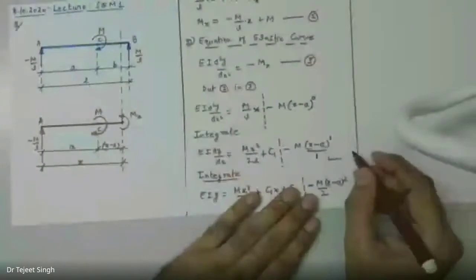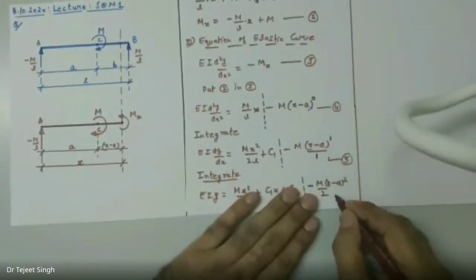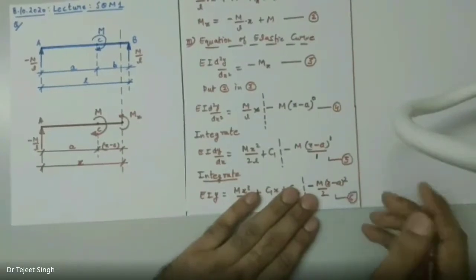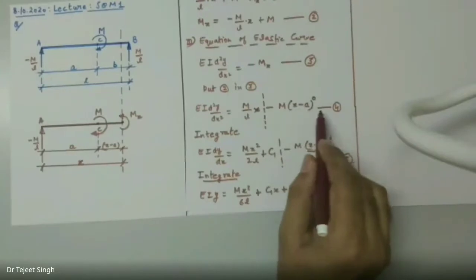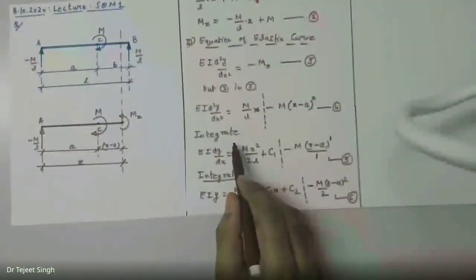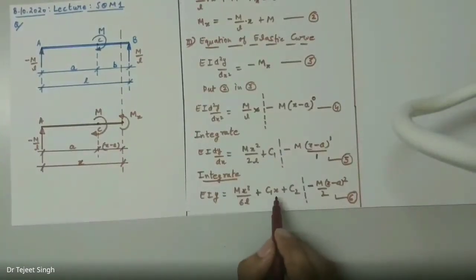I call these equations 4, 5, and 6. Equation number 4 is integrated once, which gives the slope. Second integration gives the deflection. Now the only thing is we need to determine the values of C1 and C2 by applying the boundary conditions.